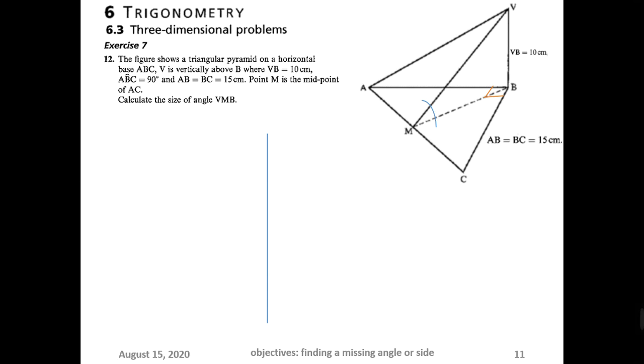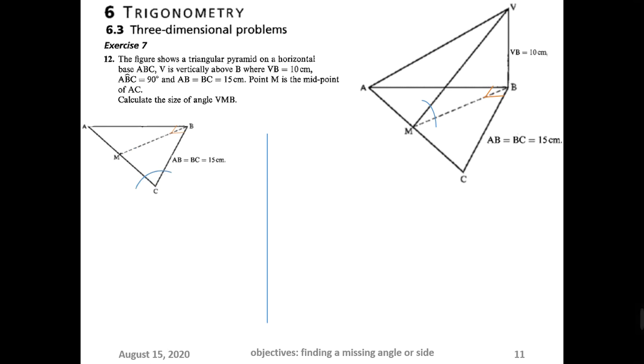To find the length of MB, we need to draw a little sketch of the base. The base is triangle ABC. This is my base, and the lengths of AB and BC are 15 centimeters. As you can see, angle ABC is equal to 90 degrees.